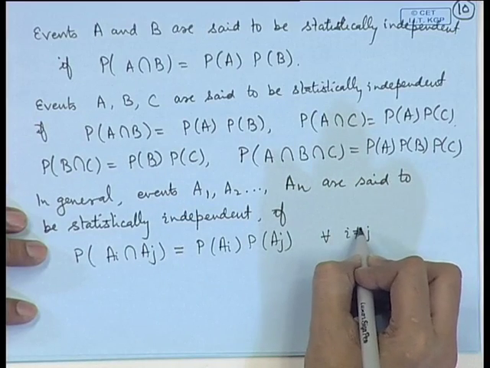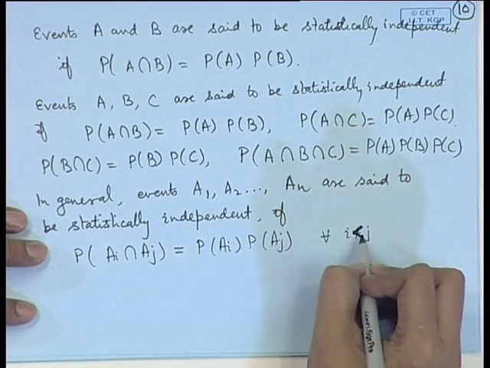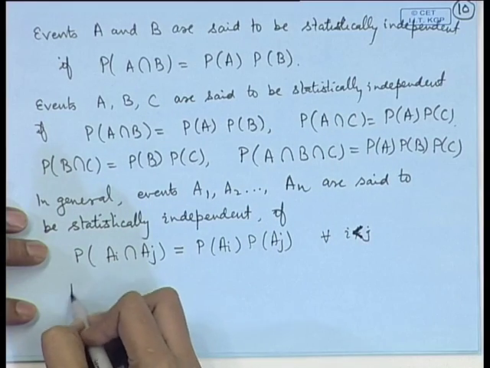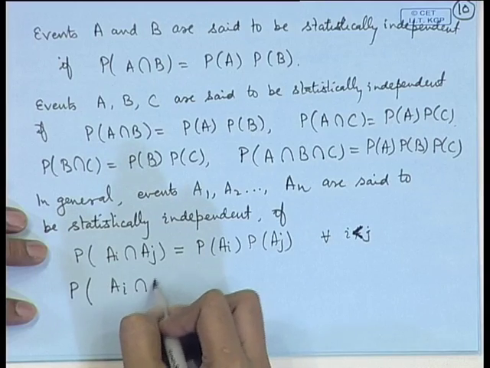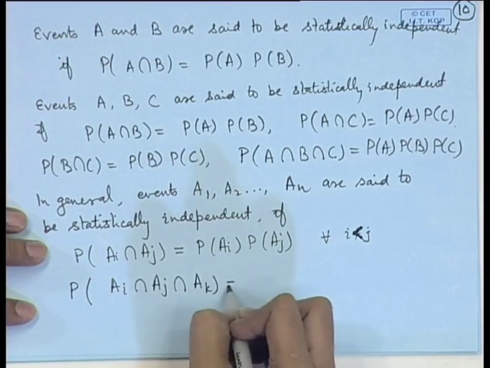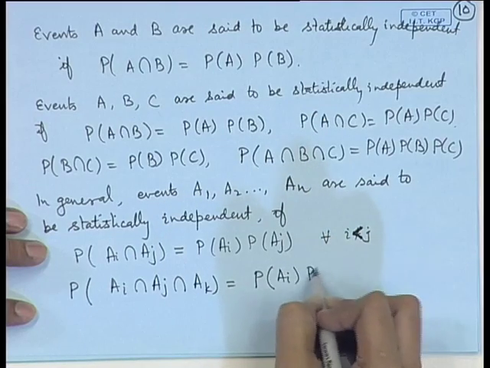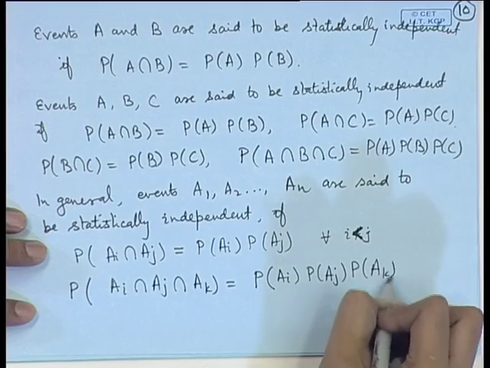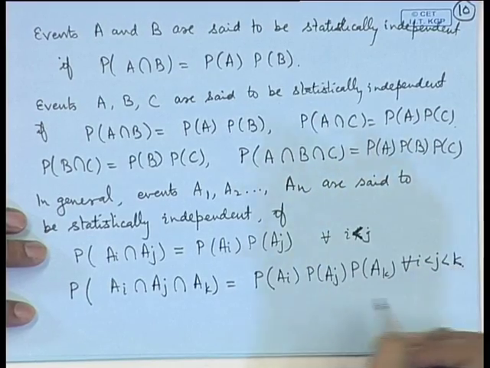You may write in one way only, because there is no need to write for i less than j and then for j less than i. So, you may put i less than j. Then taking 3 at a time, probability of A_i intersection A_j intersection A_k is equal to probability of A_i into probability of A_j into probability of A_k for all i less than j less than k.